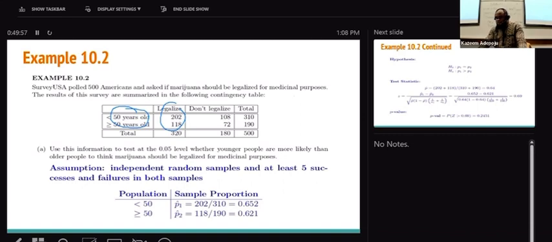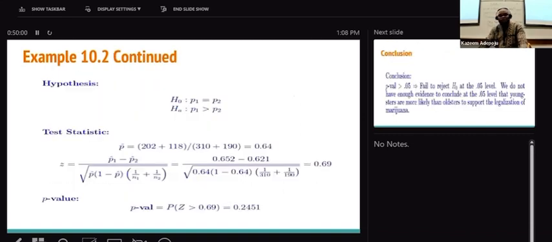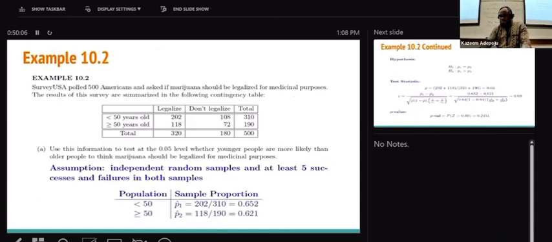Now, when we do that, how do I know my alternative is greater than? I know from the question. Look at that. More likely, more means greater than. In another question, it may be less. That was how I know.